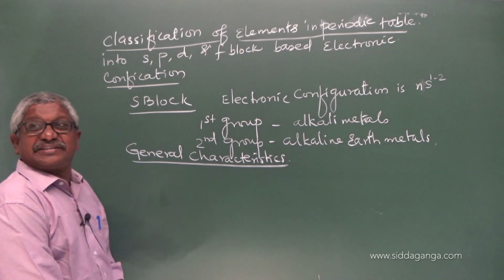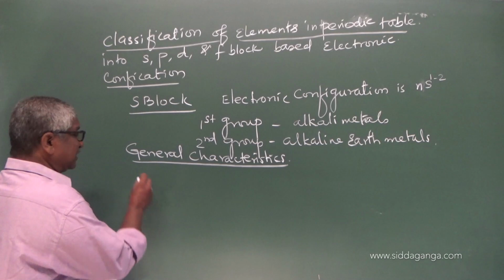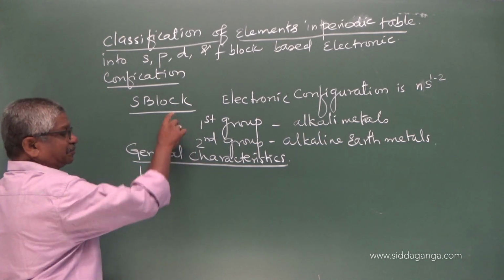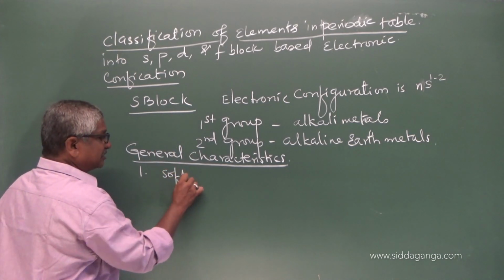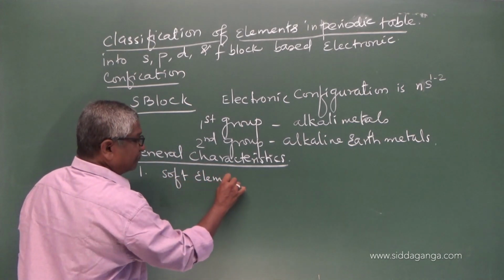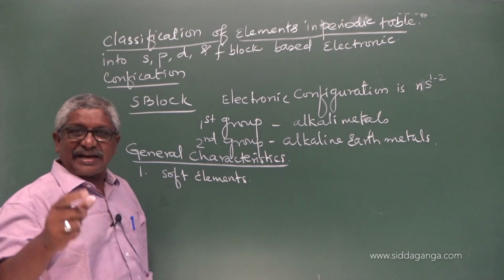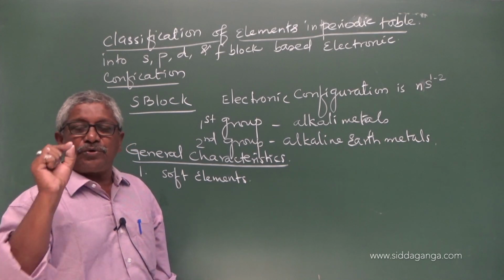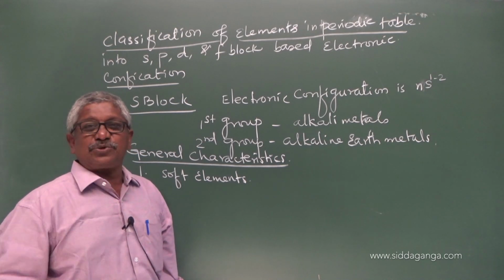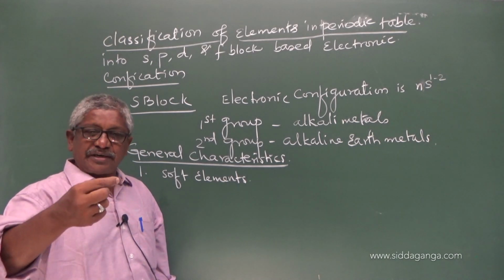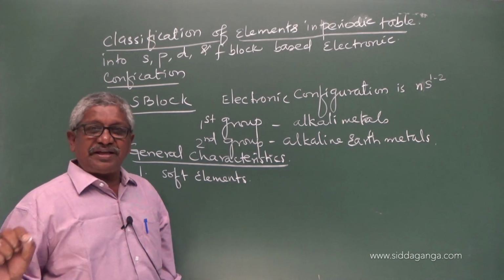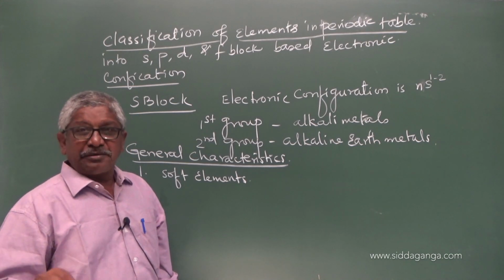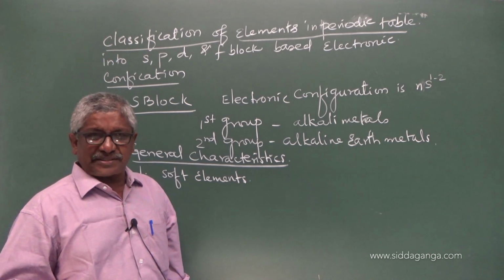The first general characteristic is that S block elements are soft elements. Even these metals can be cut with an ordinary blade. For example, sodium metal can be cut with a blade. It is always stored in kerosene because it is a very reactive metal.